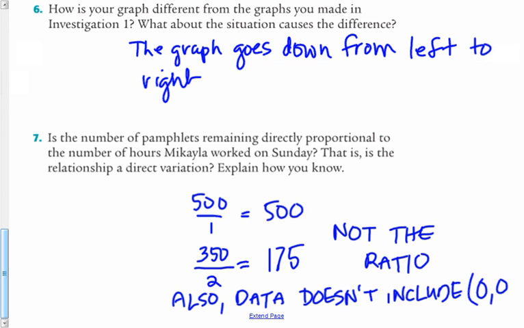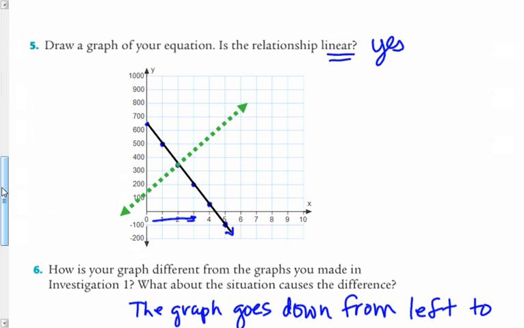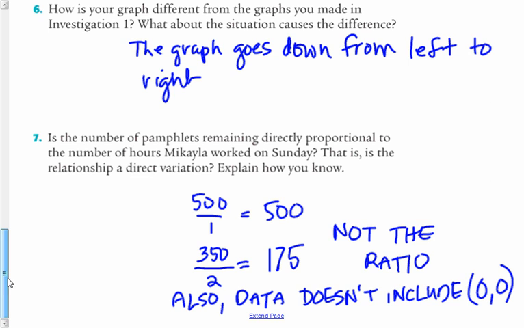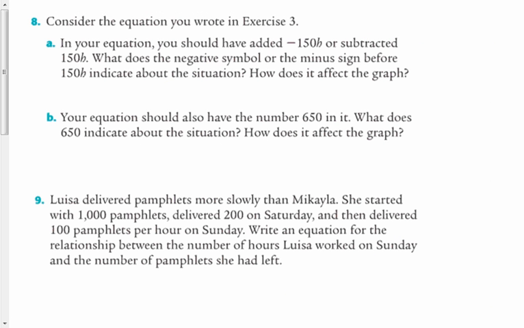In other words, this line does not go through the origin. So that's another way you could say it, looking at the graph. This line would have to go through that point right there, the origin, for this to be a direct variation.